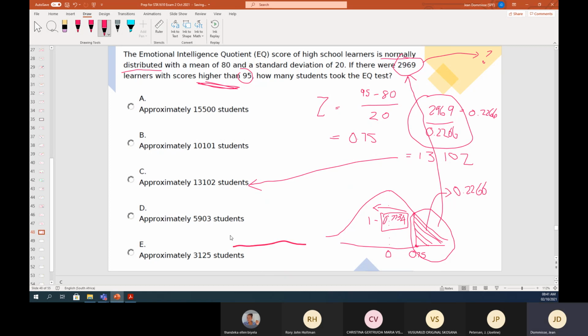What we did was basically to say this area that we calculated, in that area there are 2,969 students. So if that area is 0.2266, how many students are in this whole area?